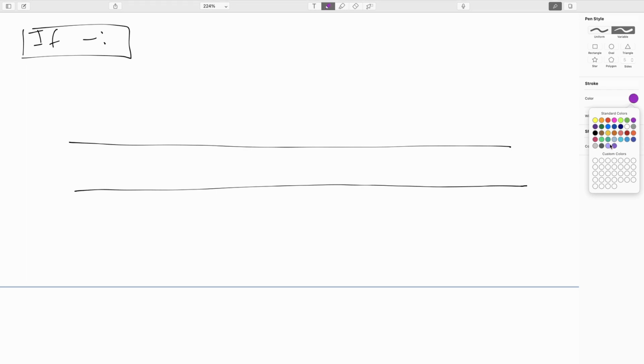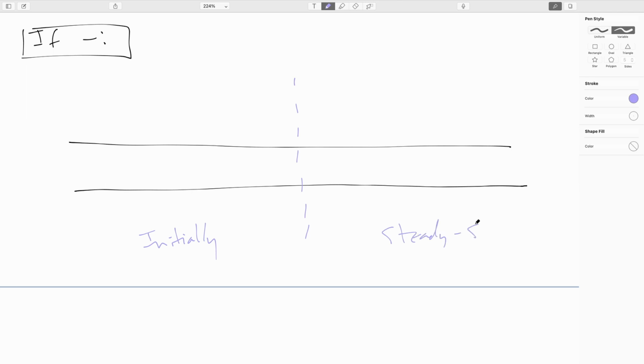We're going to divide the strip up to look at initially and steady state. And so let's go ahead and say that we have a conventional current flowing to the right.